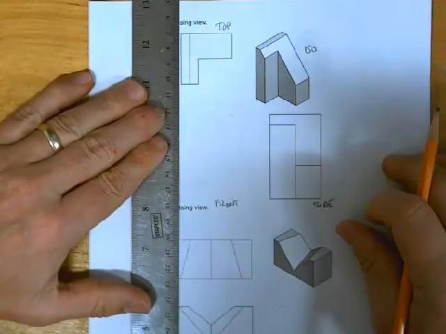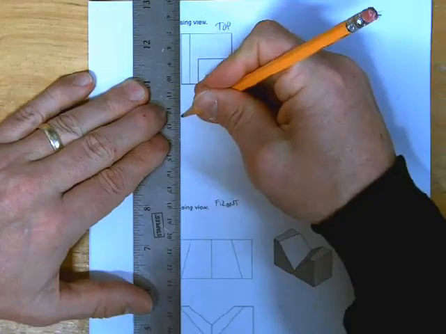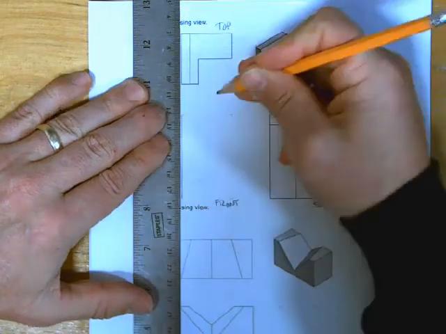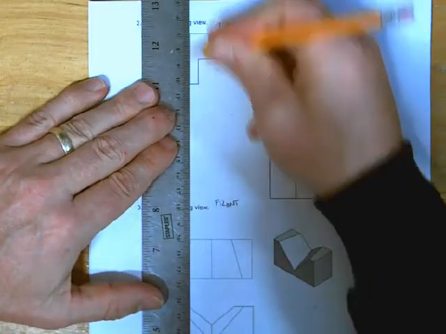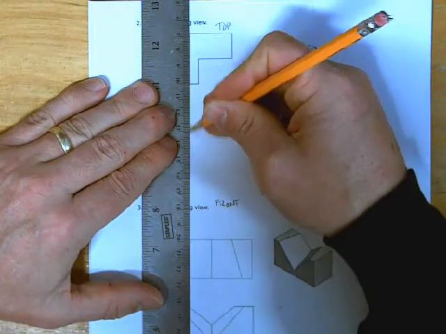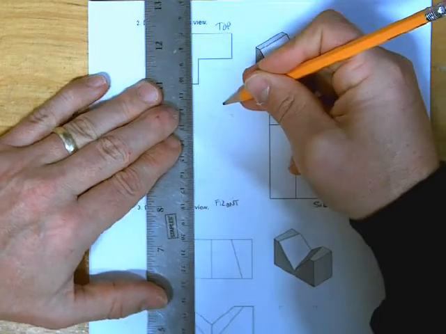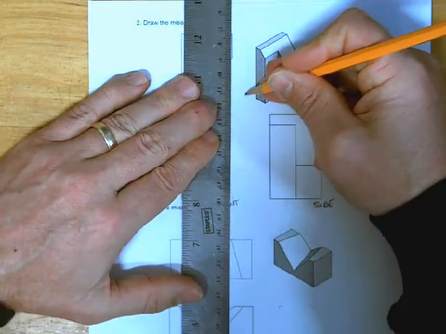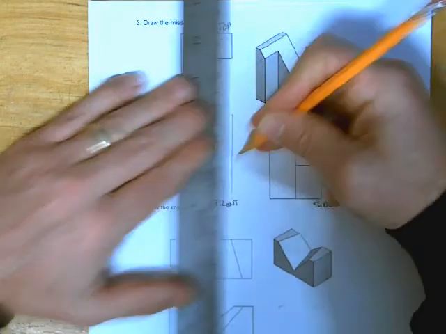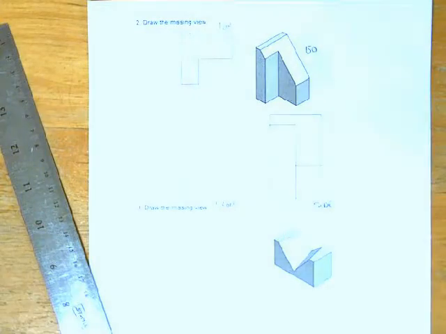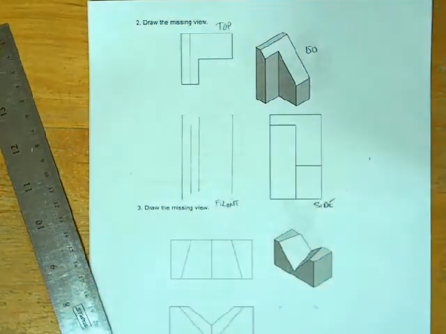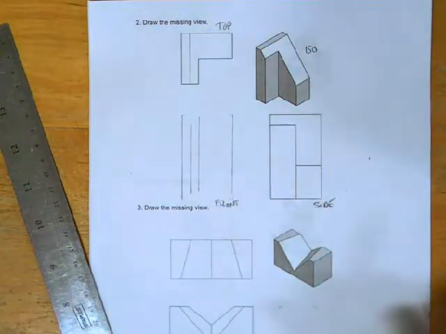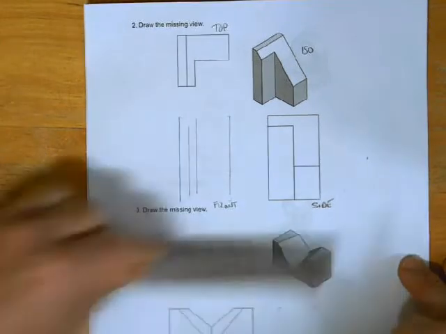I'm going to take my ruler and trace down these lines, every line from the top view, using very light construction lines. I actually drew them a little darker than I should, but that's because I wanted to make sure that you guys can see them properly.